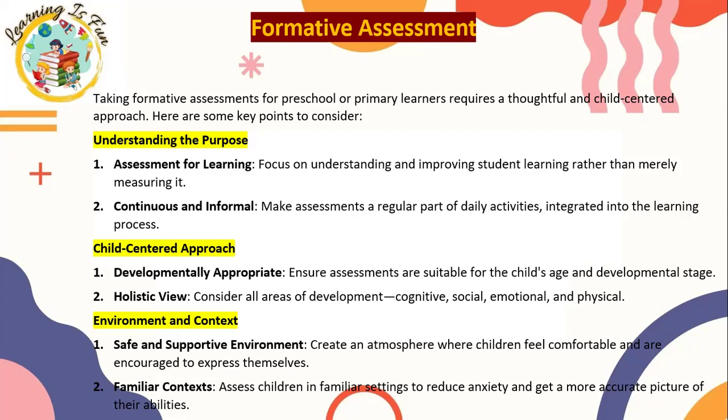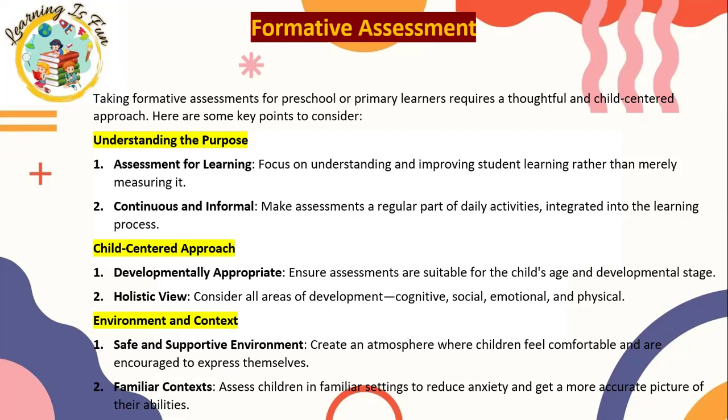Then you have to check how well and safe their environment is, how comfortable they are in the same environment, how well they behave in the classroom with you, with their peers also, and how well their behavior is outside of the classroom too. So these are the things you are going to check in your children on a weekly, even daily basis.